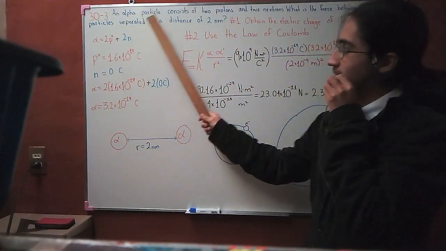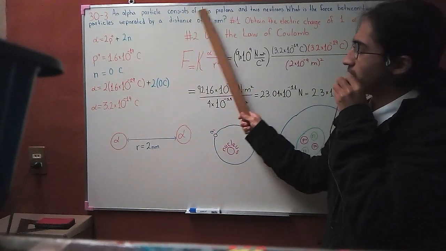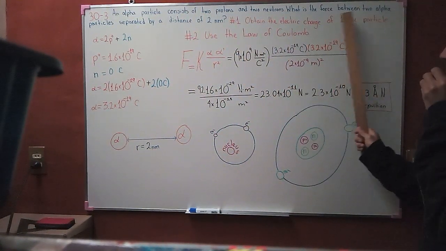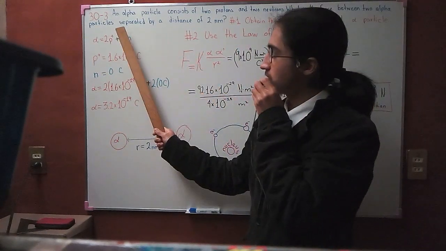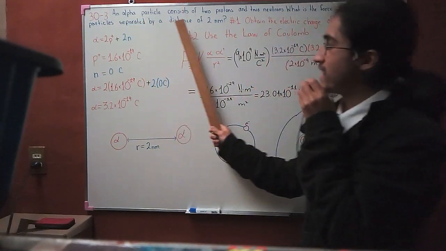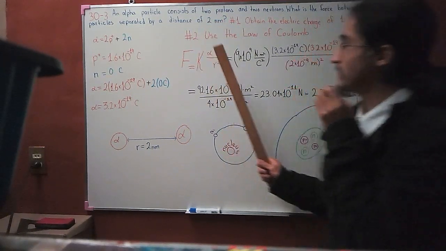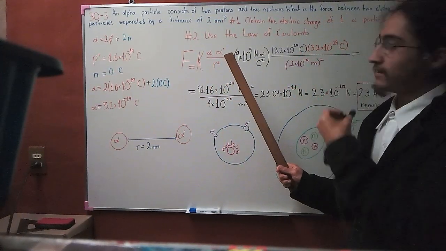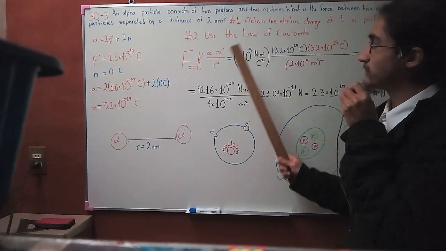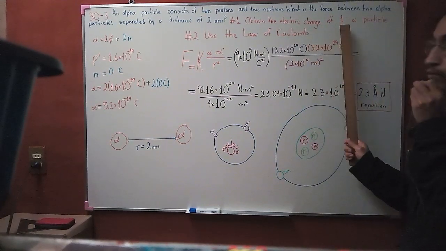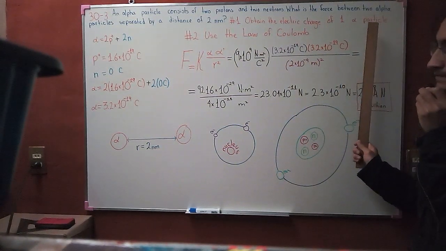An alpha particle consists of two protons and two neutrons. What is the force between two alpha particles separated by a distance of 2 nanometers? So, step number 1 is to obtain the electric charge of one alpha particle.